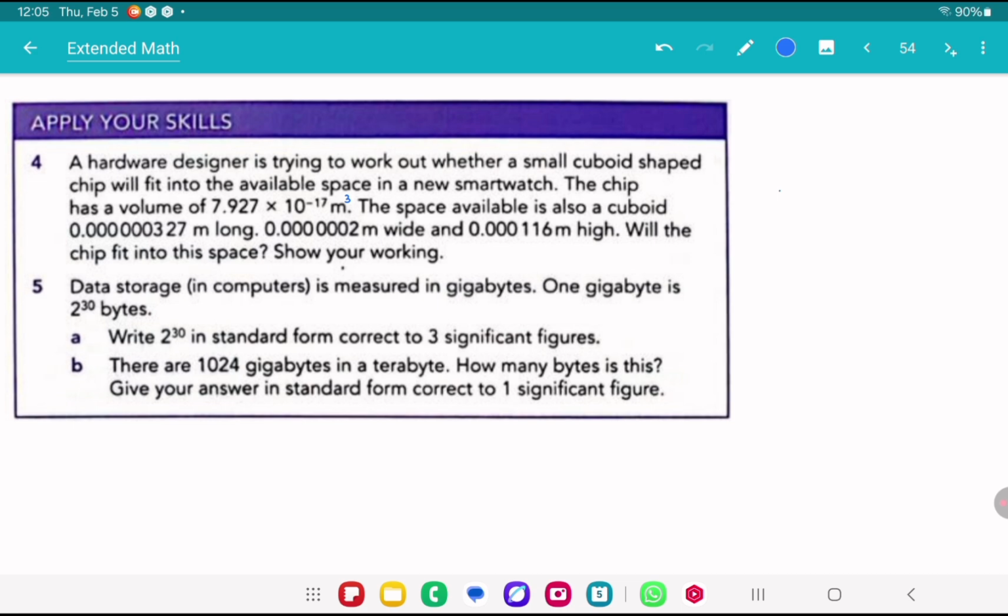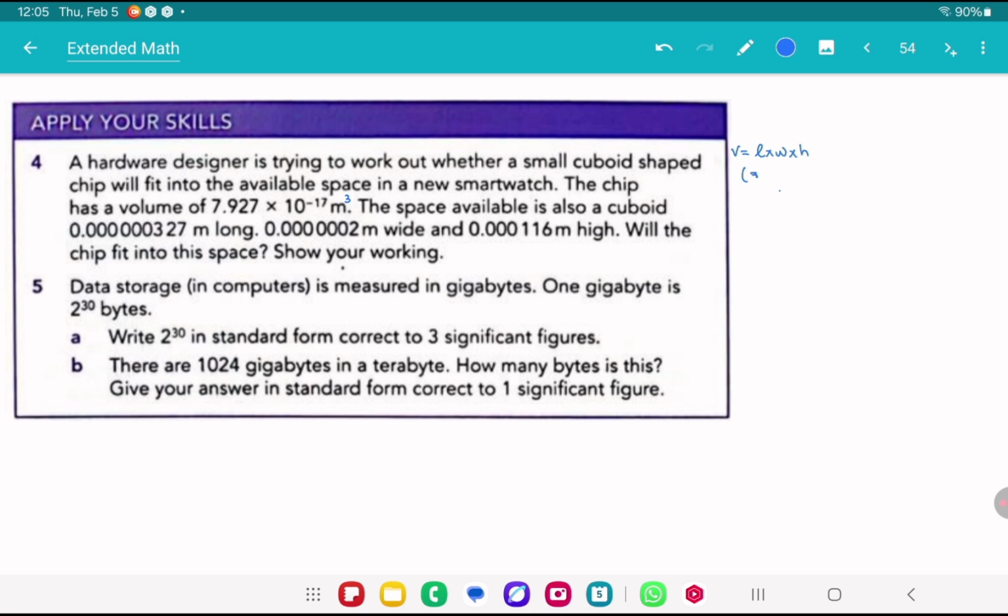So we work out the volume of the cuboid, which equals the length multiplied by the width and multiplied again by the height. We change the numbers into standard form.